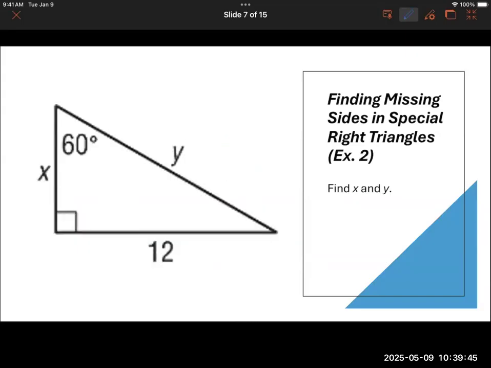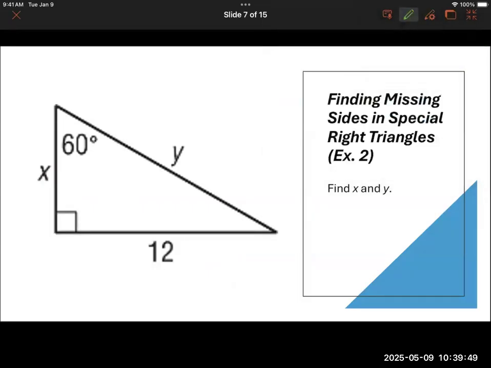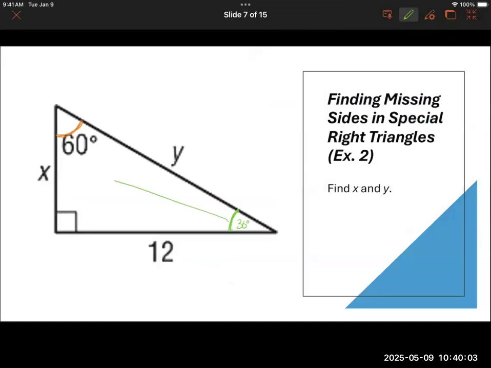Similarly, in a 30, 60, 90 triangle, we can see that this is our 30 degrees if this one is our 60 degrees. And so if we're starting here, we know that x has to equal the A value.